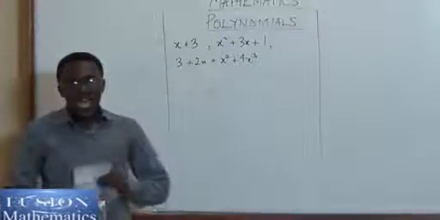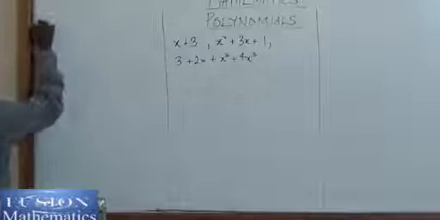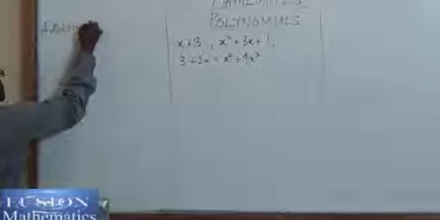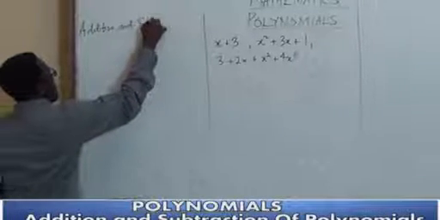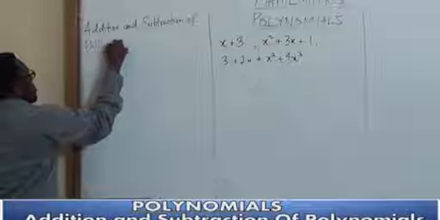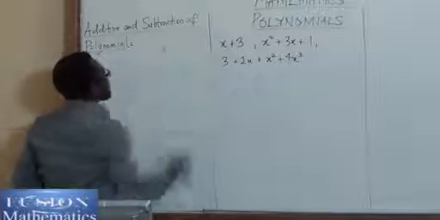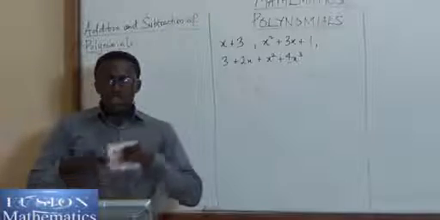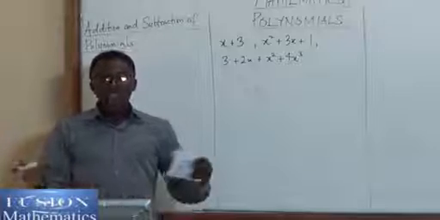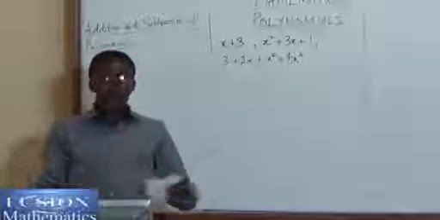Now let's look at addition and subtraction of polynomials. For us to add two polynomials, we add the elements which have the same power, which we may call like terms.